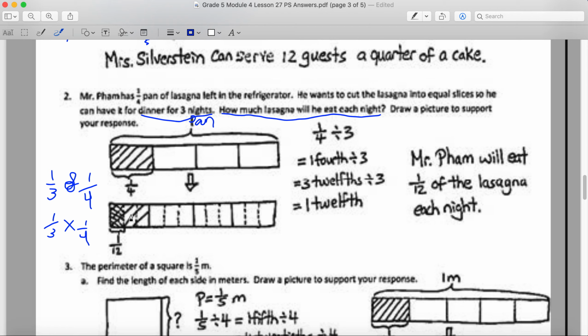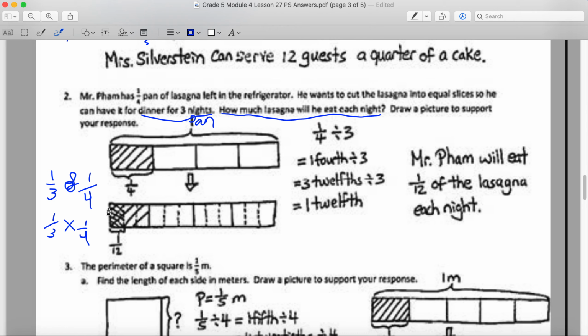Again, let's revisit it one more time. I think you get this part, that this is the pan. There's 1/4 left. I think you even get that for dinner for 3 nights, you'd have to cut that 1/4 of a piece of lasagna into 3 parts. I think you get that part. So here's the part that you may be confused on: if I divide this by 3, why do I have to divide each of these pieces by 3?